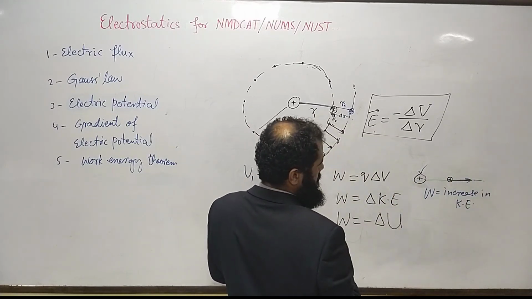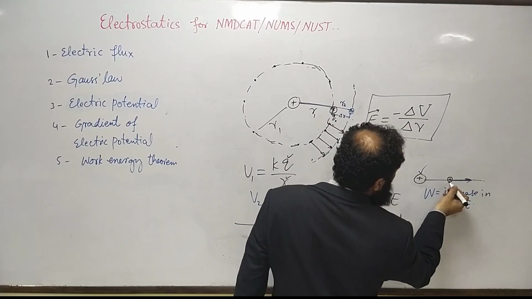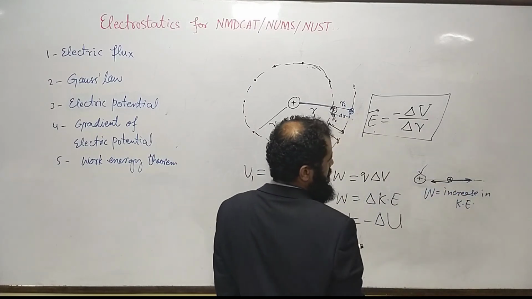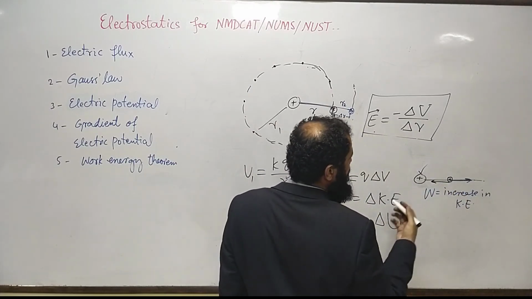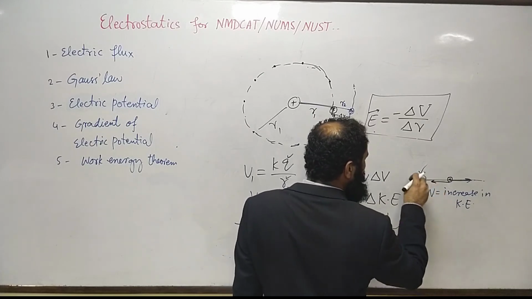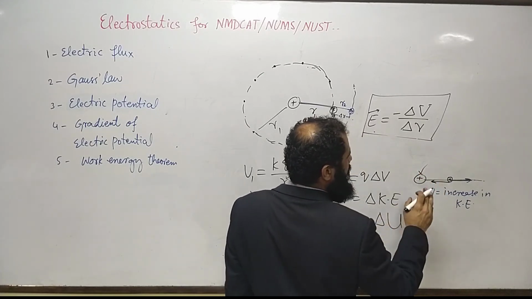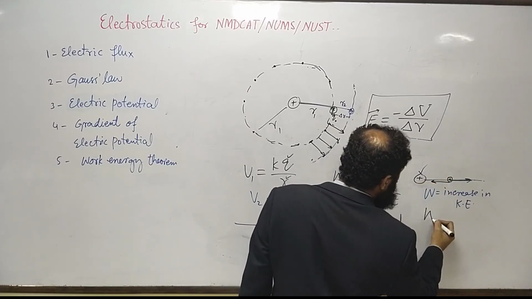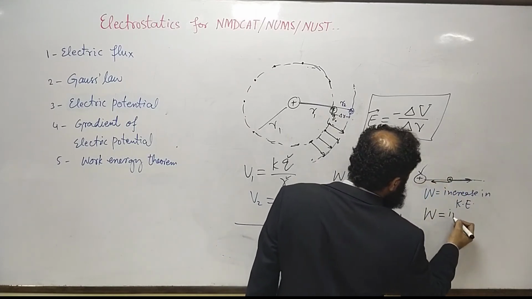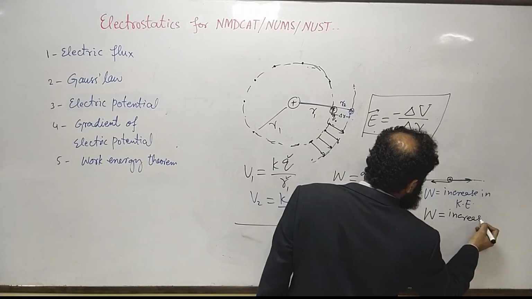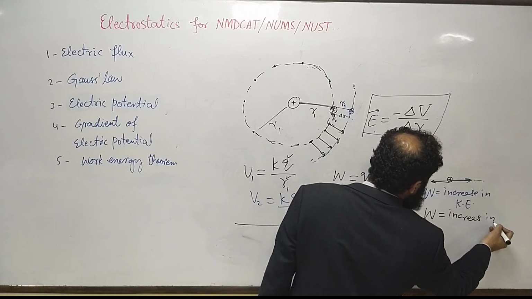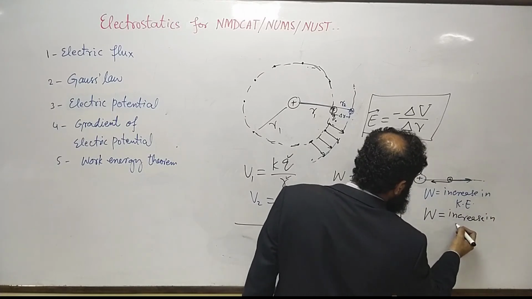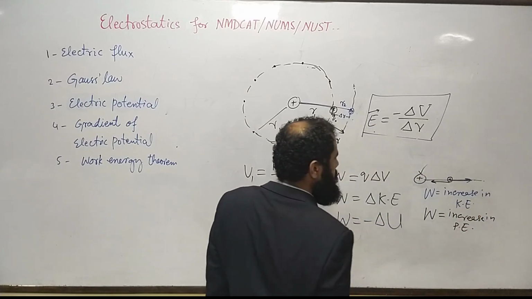But if I move the charge in this direction, what would happen? Now this time I am doing work, the system is not doing work in this case, I am doing work on it, and this work would increase its potential energy. There is increase in potential energy.